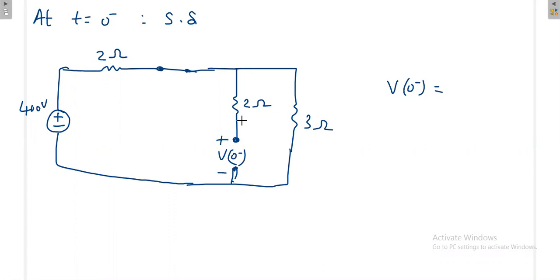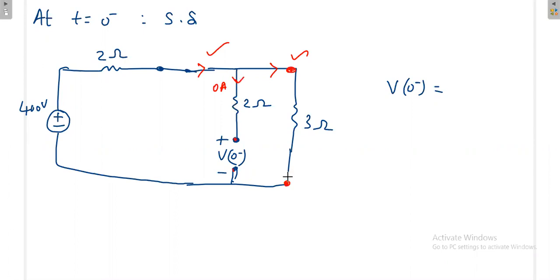Anyway, this is an open circuit. The current flowing here is 0 ampere only, but here some current will flow. Whatever current is coming there, the same current will flow here. It is very simply like a voltage division rule. The voltage across this open terminal is the same as the voltage across this 3 ohm, because there will not be any voltage drop across the other resistance, as the current here is 0.